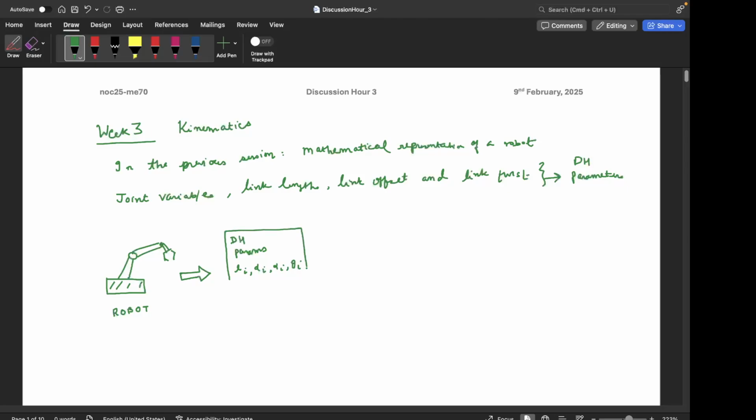So this is what we can call the mathematical model. And this has degrees of freedom as well.